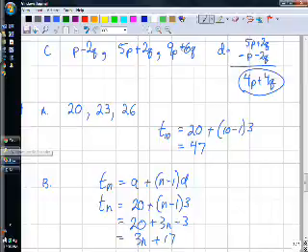I'm going to remember that x is 0, because I just found that out. So, and add negative 4 to it. So the next term in the sequence is negative 9.